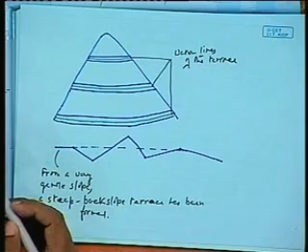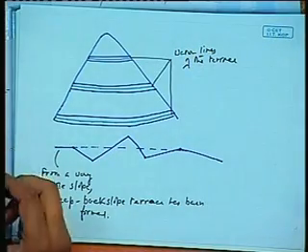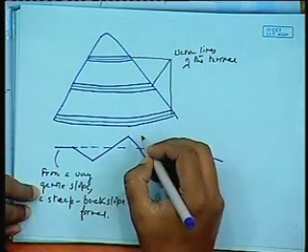So you can see there the back slope terrace. It's a constructed ridge. This is called a ridge.